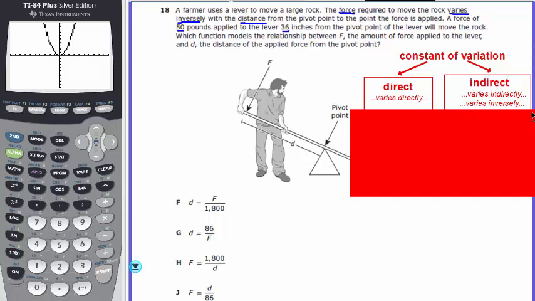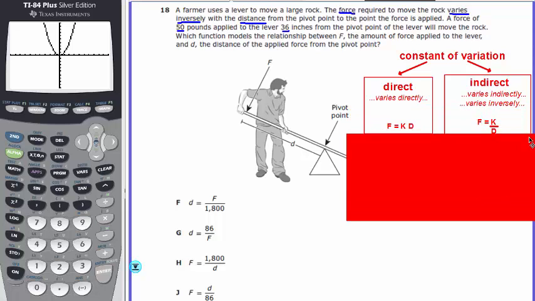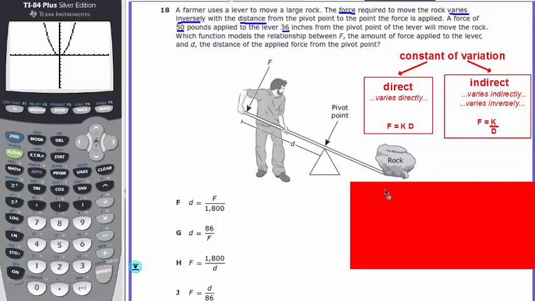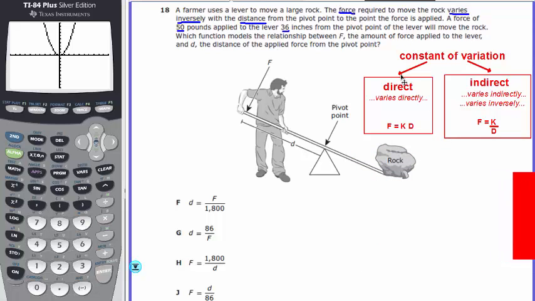The thing that you need to remember is this. For example, if I had force varies directly with distance, then force equals a constant of variation K times distance. If it said varies indirectly or varies inversely, then I would have force equals a constant of variation over the distance.